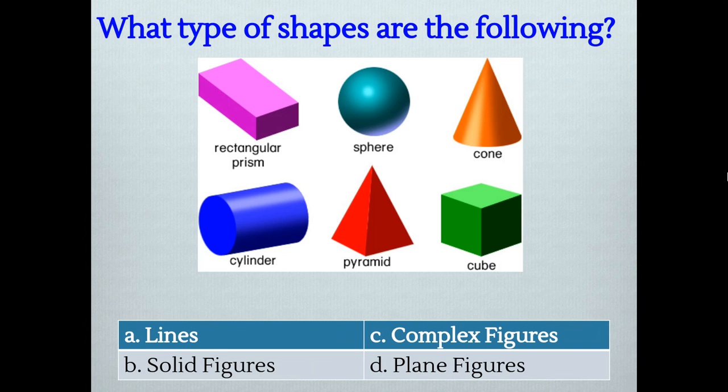What type of shapes are the following? A, lines, B, solid figures, C, complex figures, or D, plane figures. If you said B, solid figures, then you are correct.